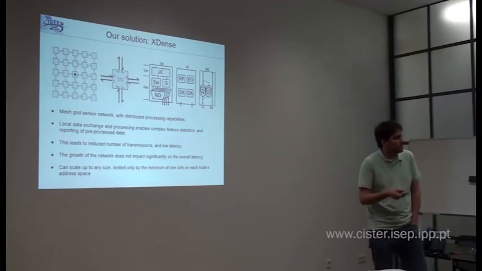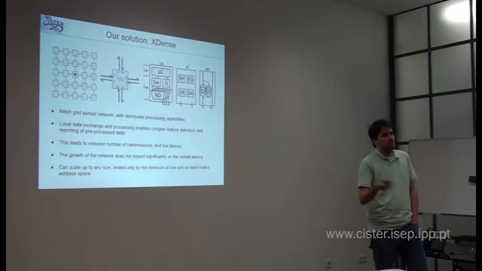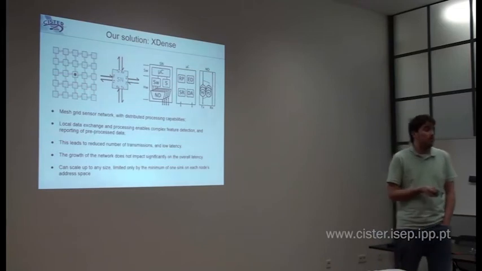But then if you have thousands of nodes, maybe millions, and then you have a shared bus, and then concurrency issues, how long would you take to sample the entire network if you have millions of sensors? Okay, so then something else should be done.